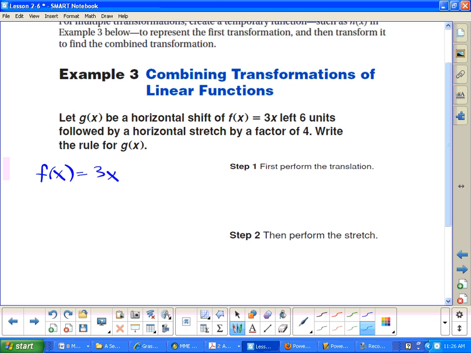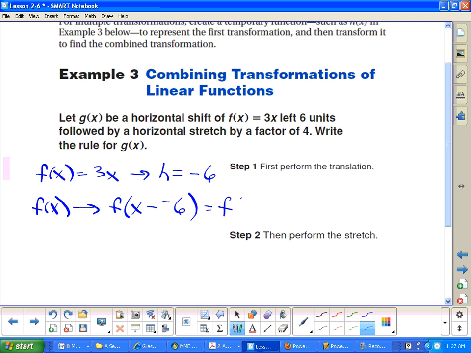If I'm going to the left, is that horizontal or vertical? That's horizontal, so it's going to be H. Because we're going to the left, H is negative 6. So we're going to take f of x and transform it to become f of x minus negative 6, or what?